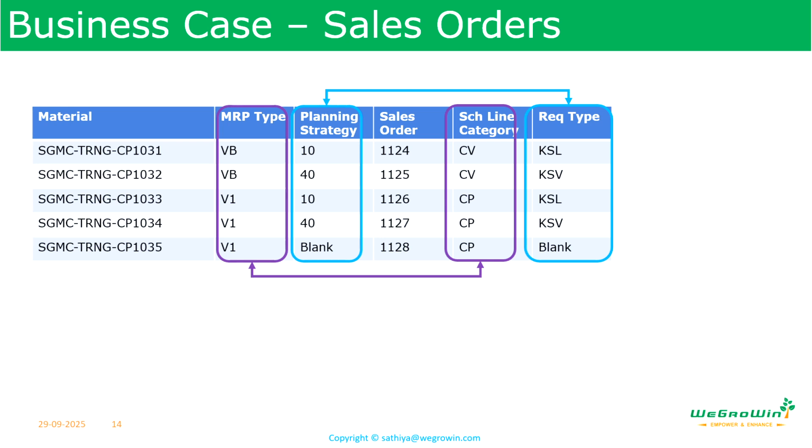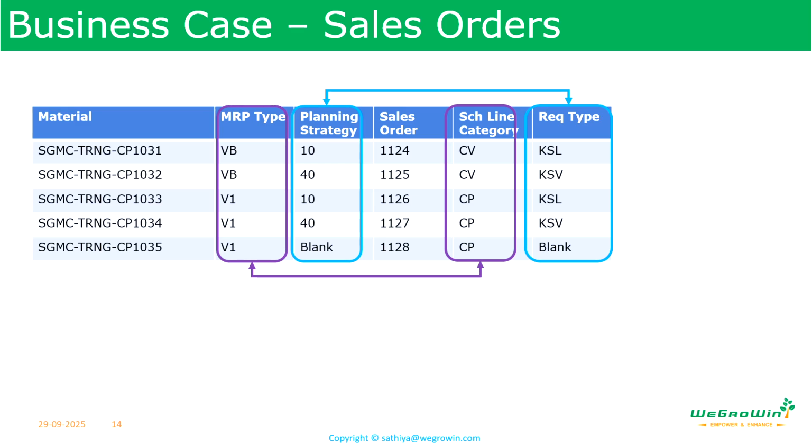For each item, we created sales orders 1124, 1125, 1126 and so on. For the combination of MRP type and planning strategy, the expected schedule line category and requirement types are given. For example, for material CP1033 with a combination of MRP type V1 and strategy 10, sale order 1126 is created.